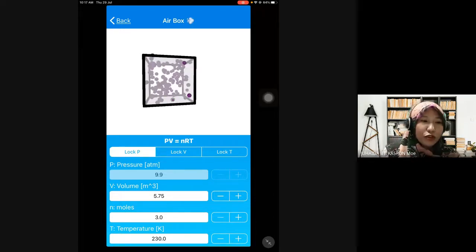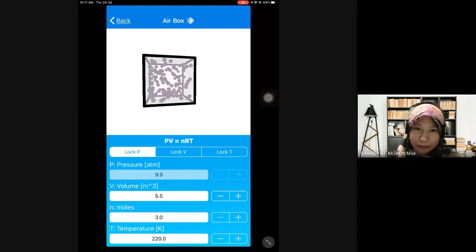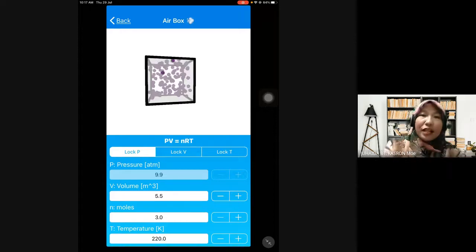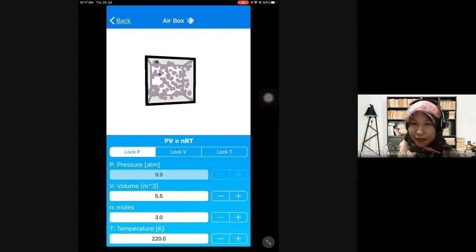All right. So the temperature actually shows the kinetic energy of the gas. When we heat the gas, the energy from heat gives kinetic energy to the particles. So the particles will move faster, vibrate faster and faster.